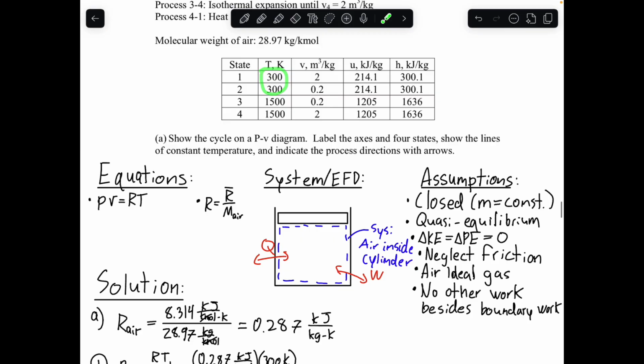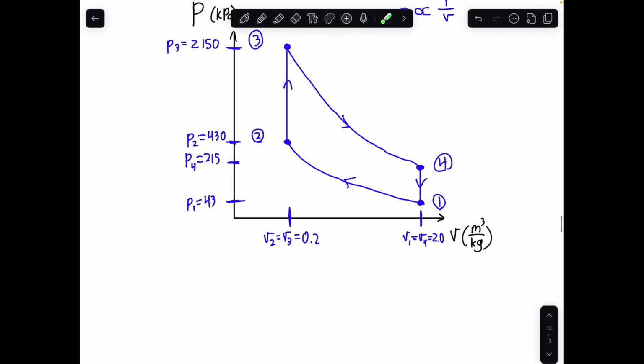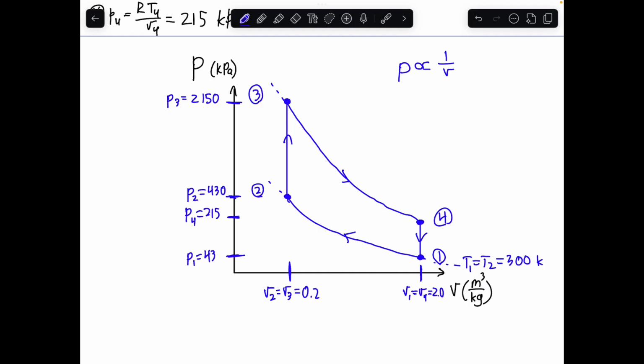So everywhere along the line from 1 to 2, we're going to be at this temperature, and everywhere along the line from 3 to 4, we're going to be at this constant temperature. So we will just draw that in maybe like this. T1 equals T2 equals 300 Kelvin. And then over here, maybe you can say T3 equals T4, which should equal 1500 Kelvin.